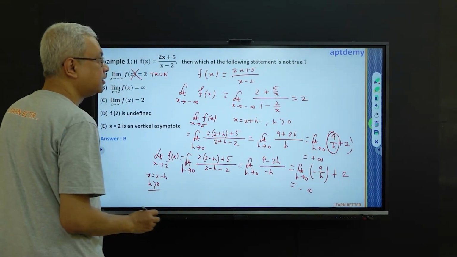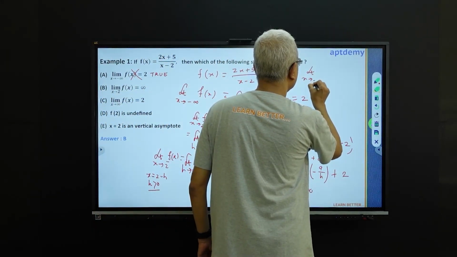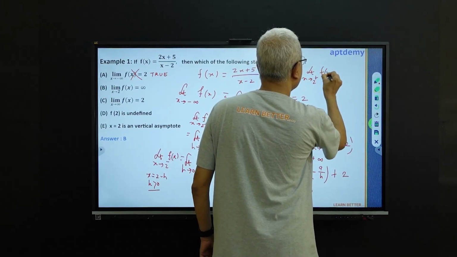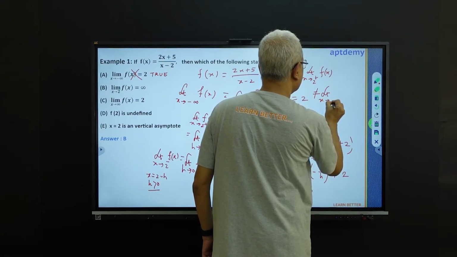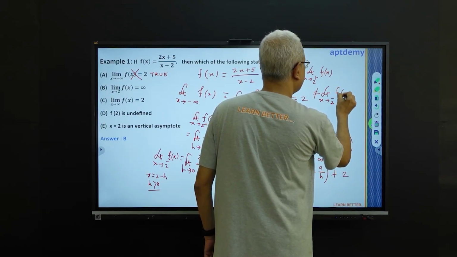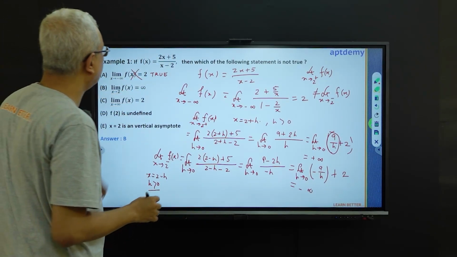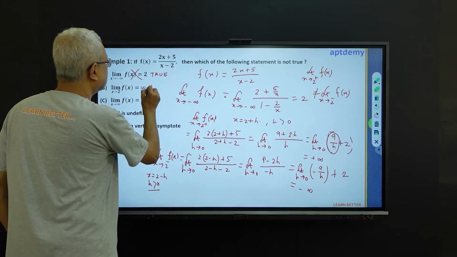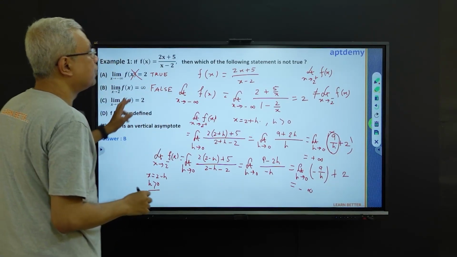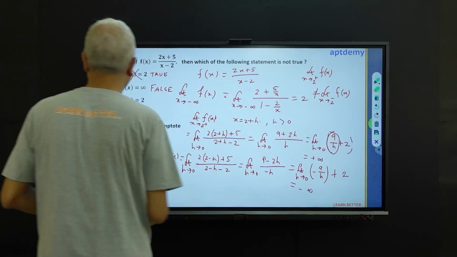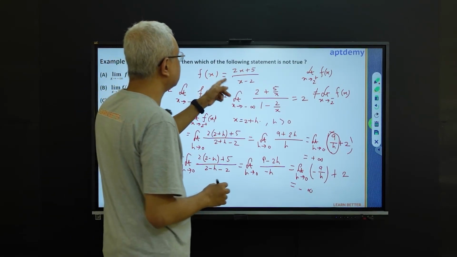So we can say limit x tends to 2 plus f(x) is not equal to limit x tends to 2 negative f(x). So this limit does not exist. So this is actually a false statement. Then limit x tends to infinity f(x) is 2.